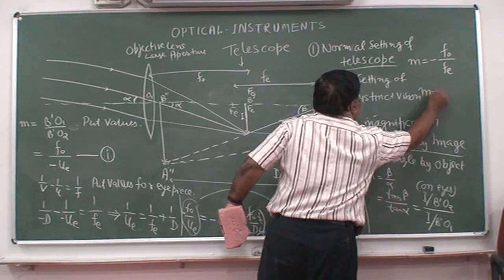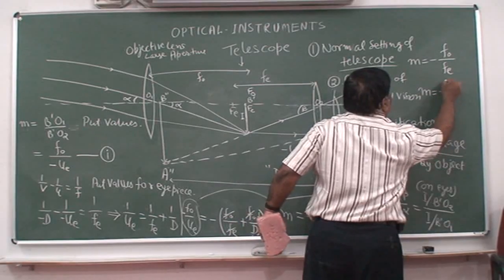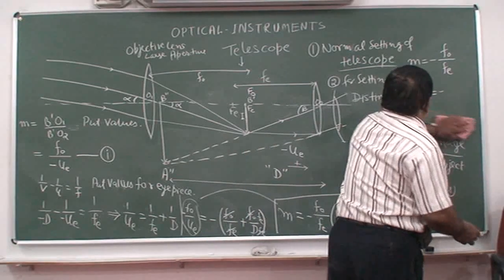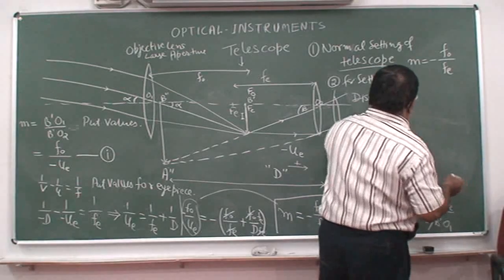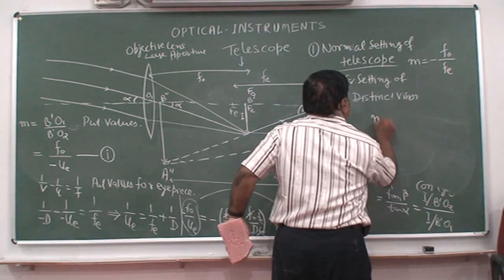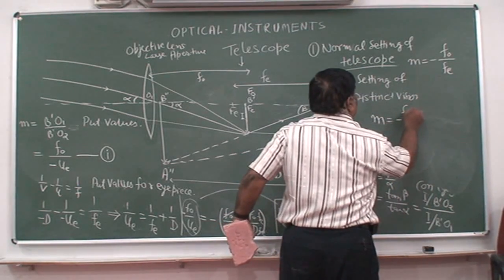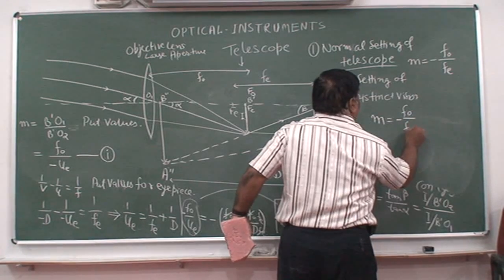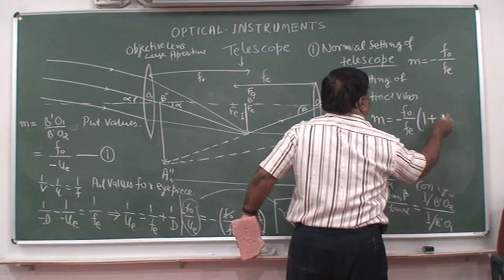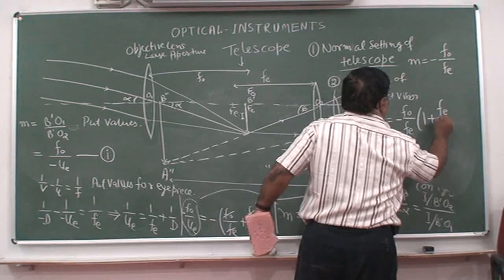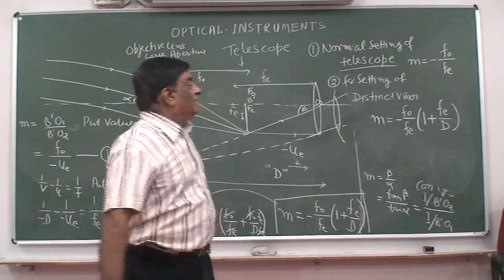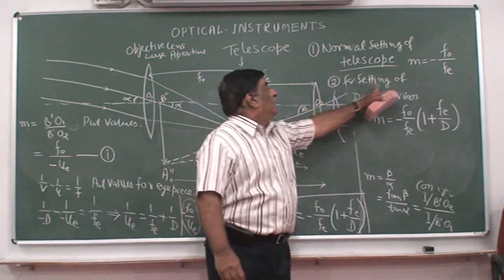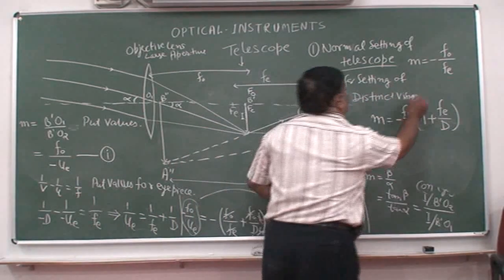M is equal to minus FO upon FE, 1 plus FE upon D. This is our formula for magnification for setting of distinct vision.